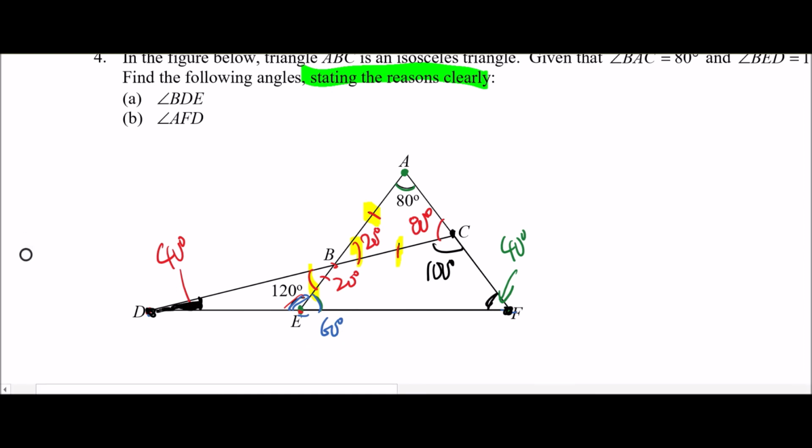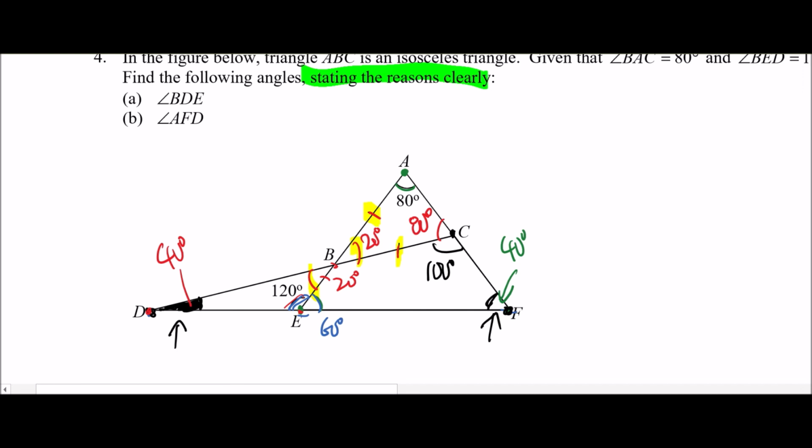Of course there are many other methods you can use to find this angle. Mine is just one of them. Please feel free to share your method with the class as the teacher goes through this. I challenge you to use other methods to find this. So we are tasked to find this one, and AFD. Where is AFD? We're interested in this one. Actually, we have both the answers.